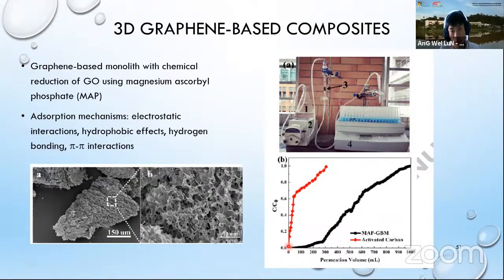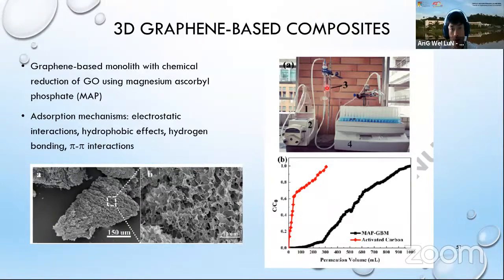Okay, so in the case of activated carbon, after you filter maybe just 50 ml of the solution, it's already saturated. So the removal efficiency decreased a lot because the activated carbon is saturated with the pollutants.